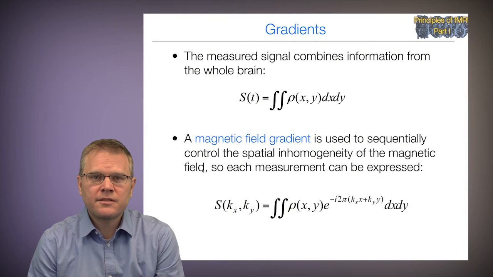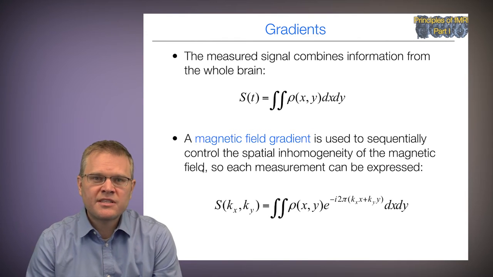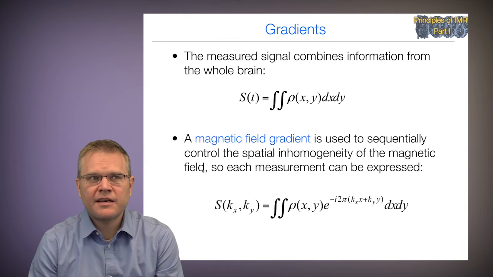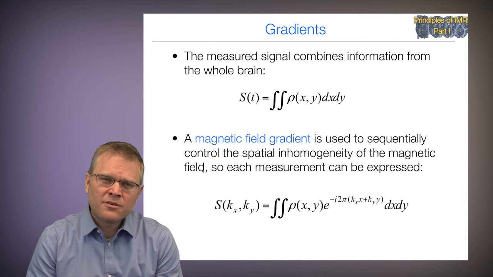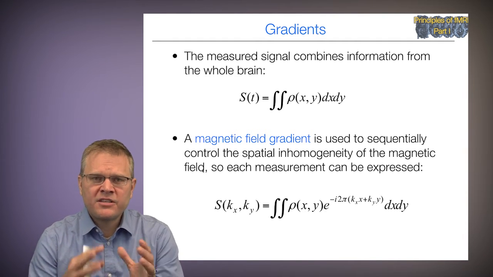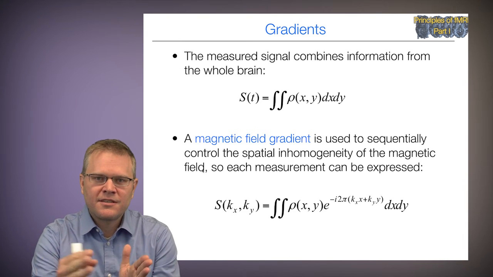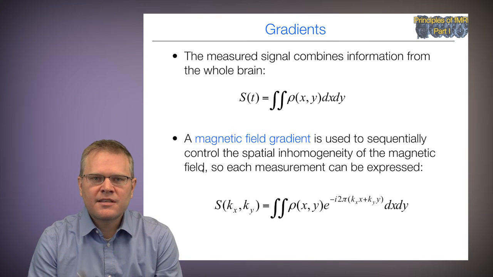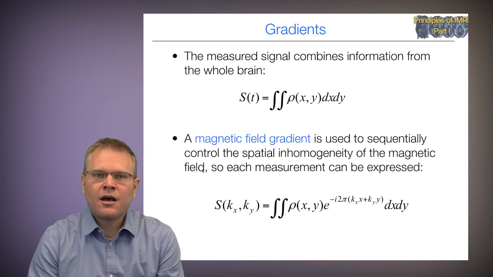And so here is one of the clever things about MR scanners: we use a second magnetic field, which is called a magnetic field gradient. And using these magnetic field gradients, we can sequentially control the spatial inhomogeneities of the magnetic field. So we can change the magnetic field across the brain. And so this allows us to make a new measurement, which is now a weighted integral of the hydrogen concentration across the brain.